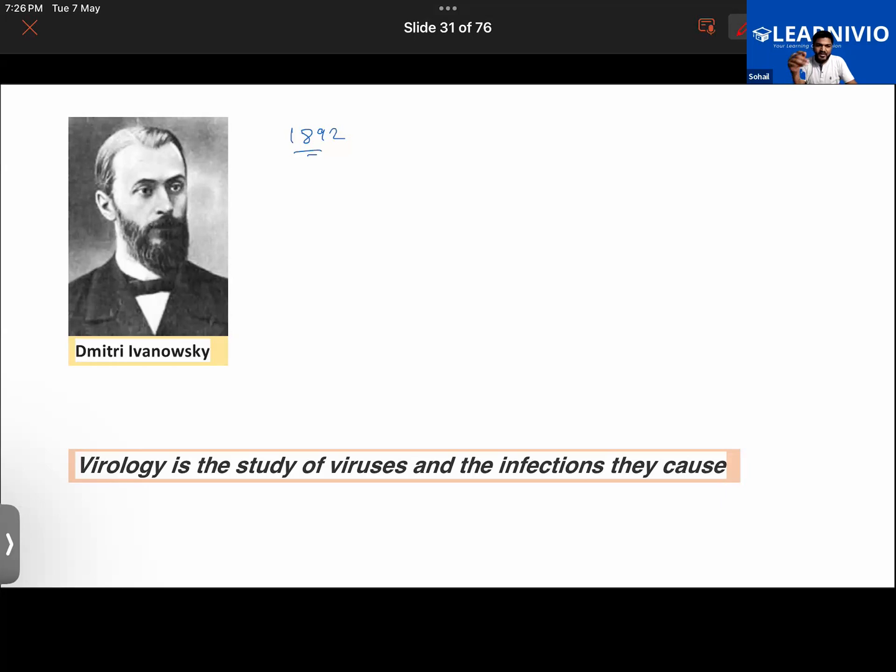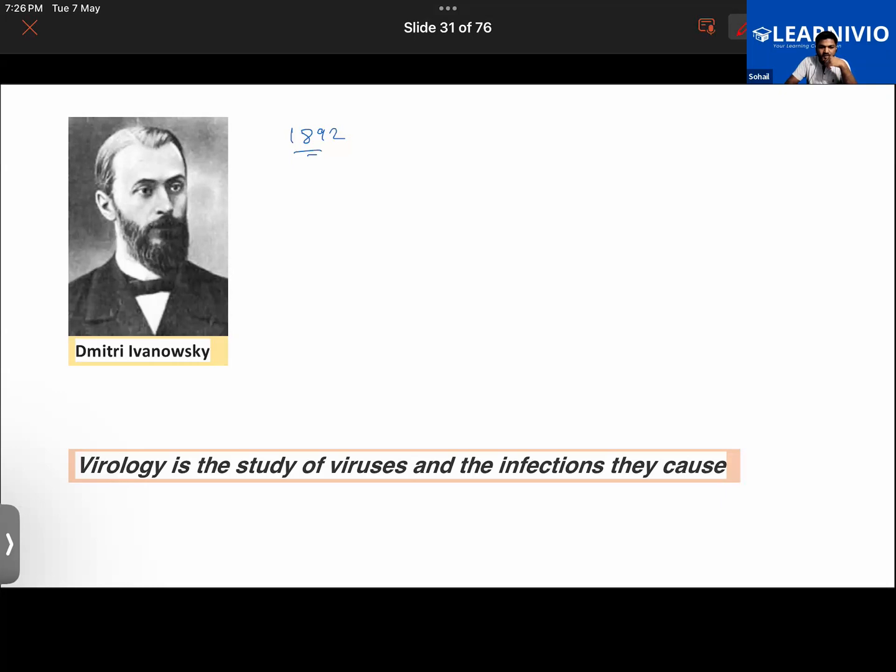Let me repeat: Dmitry Ivanovsky, in 1892, while doing his research, observed that there is an infectious agent. To what is he referring? He was referring to a type of virus. When he looked at its size, it was smaller than that of a bacterium. Did all of you understand this clearly or not?